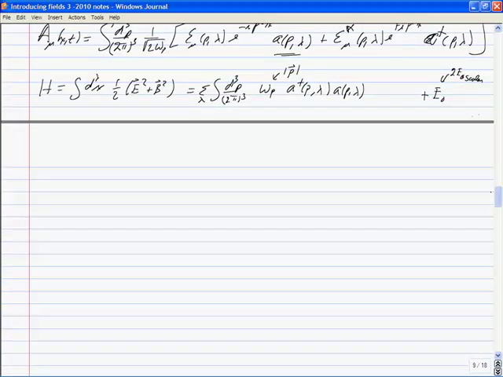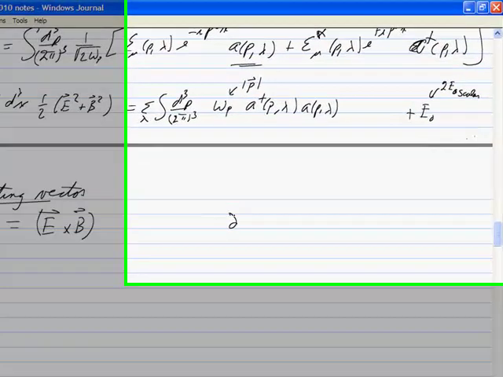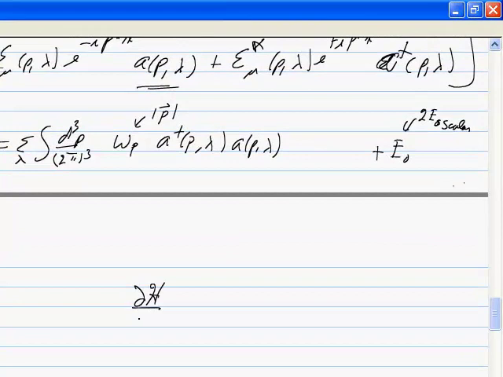Last thing to say is just that if you also recall the Poynting vector. The Poynting vector in these units is E cross B. The equation of continuity is that the Hamiltonian density's time dependence plus del dot S equals 0.